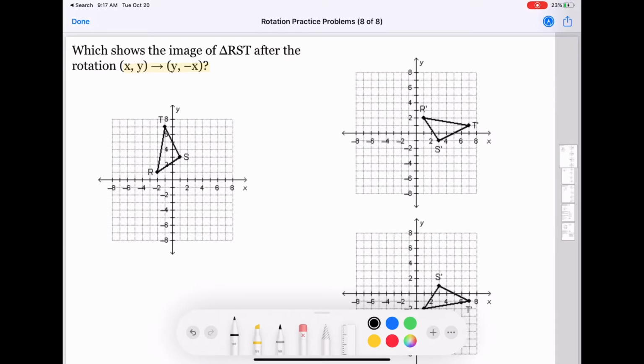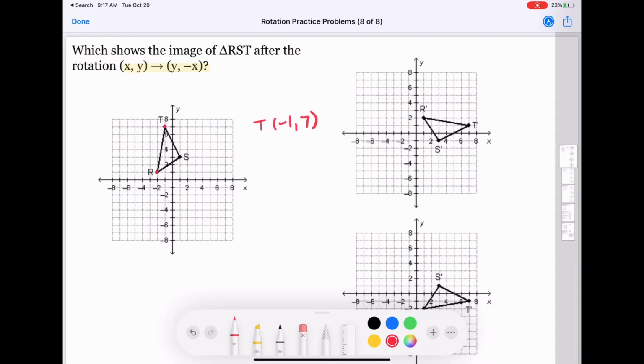Well, in order to answer this problem, the first thing that we must do is identify the coordinates of the original vertex. So T is located at -1 and 7.